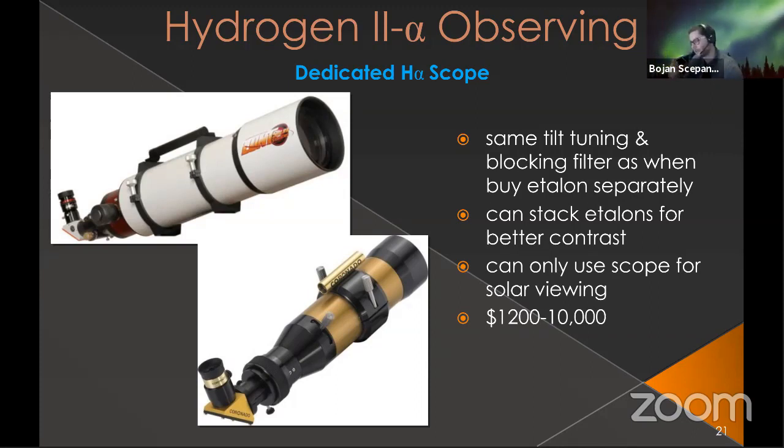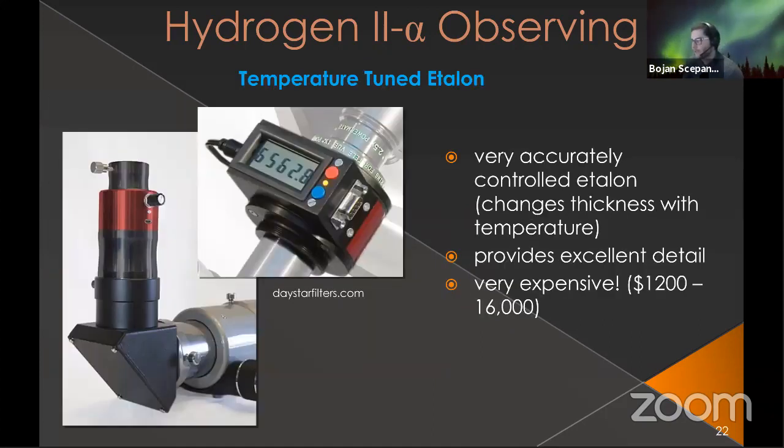So we have a certain telescope for just one wavelength on the sun, and you will be seeing a view through this Coronado telescope actually shortly, I believe. These have the same Etalon systems available to them, where we use heat to actually change how the Etalon is tuned, and they provide pleasing views, however, with a price to match as well.